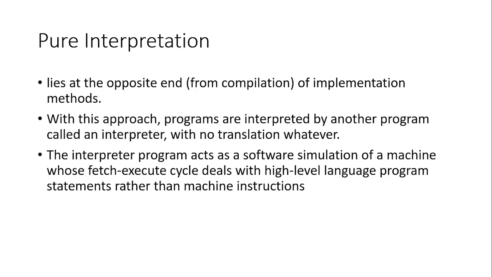So the primary source of this slowness is the decoding of the high-level language statements, which are far more complex than machine language instructions. And regardless of how many times a statement is executed, it must be decoded every time. That is very important, because sometimes we may be giving a loop, but regardless of how many times a statement is executed, it must be decoded every time.